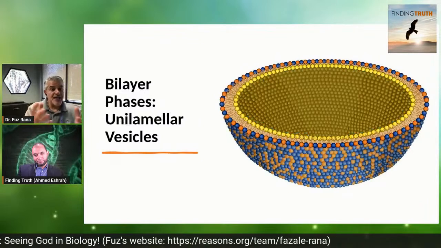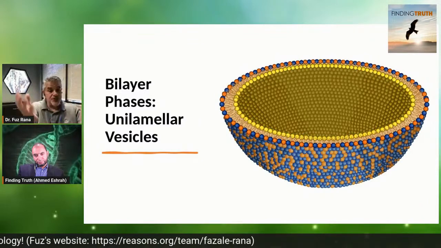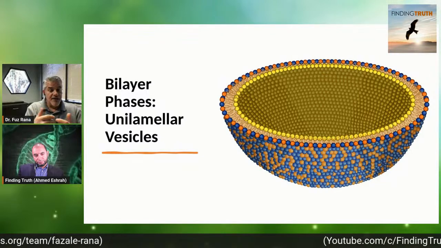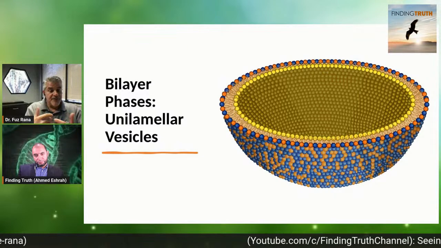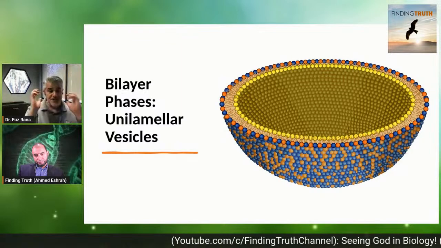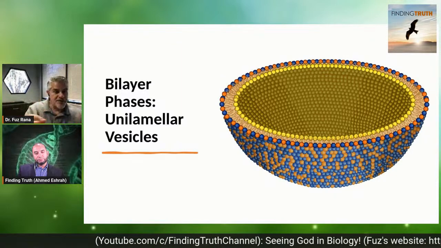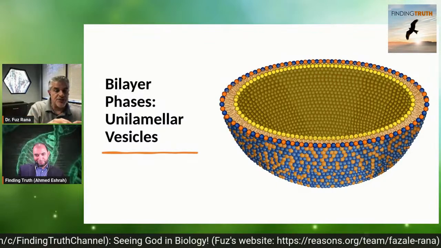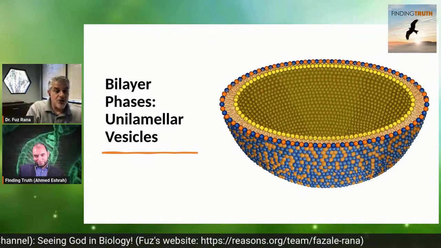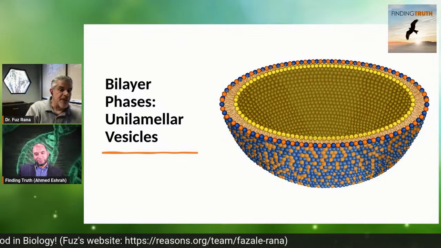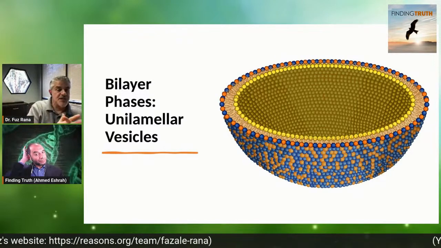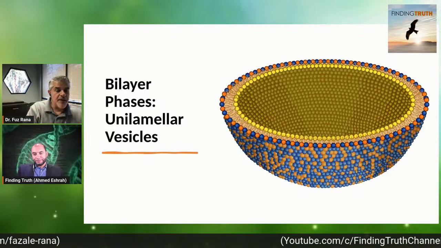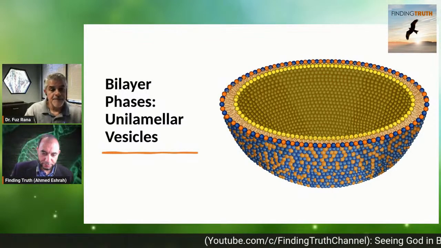The only way to get a unilamellar vesicle to form is using very specific types of phospholipids, and you typically have to sonicate the system to break apart the multilamellar structures into unilamellar vesicles. But they only remain unilamellar vesicles for a few days before they recollapse into a multilamellar phase. So these are referred to as metastable systems.